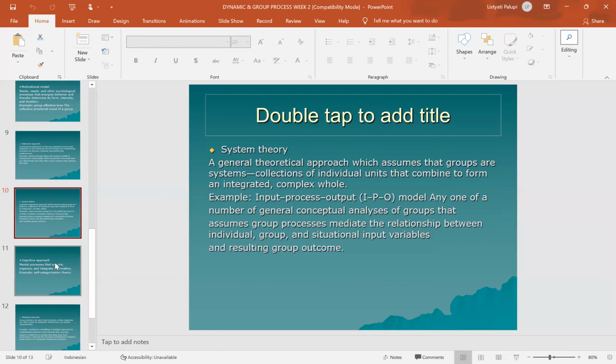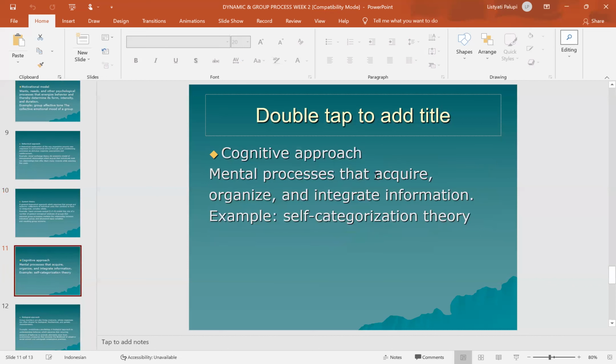So the next perspective is the cognitive approach. The cognitive approach focuses on mental processes that acquire, organize, and integrate information. So theories based on the cognitive approach usually focus on the mental processes that exist in a group. One example of a theory that applies this approach is self-categorization theory.